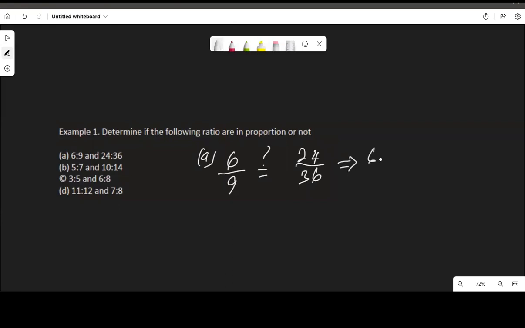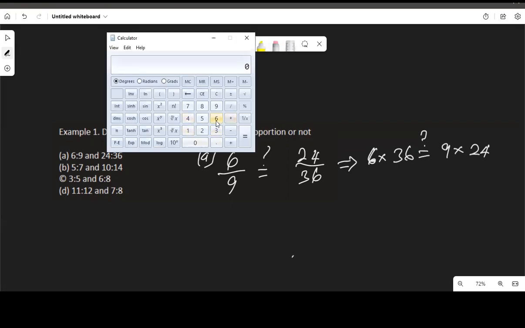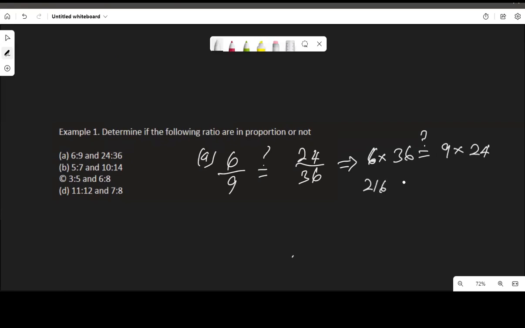So I'll have 6 multiplied by 36. Let's assume it is equal to 9 multiplied by 24. And 6 multiplied by 36 is, let's use a calculator to make the work easier and faster, 216.